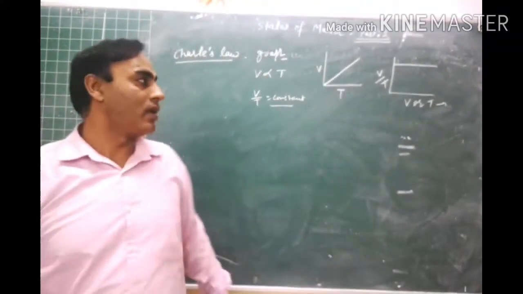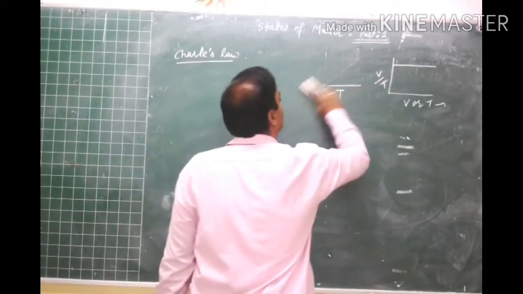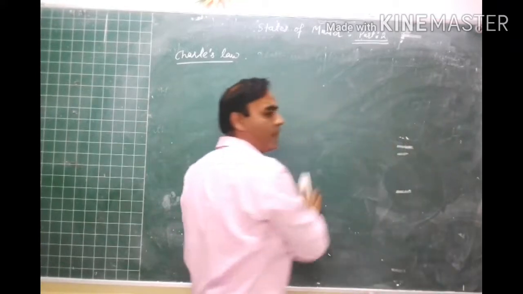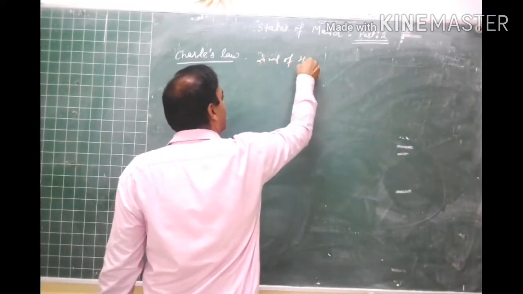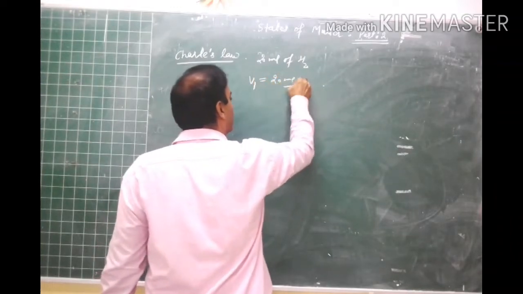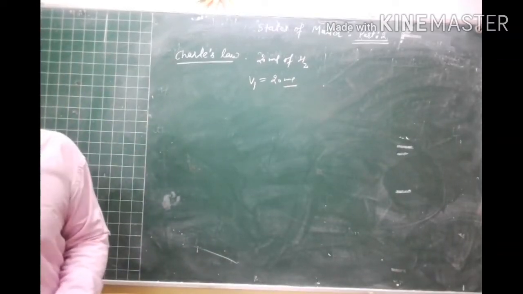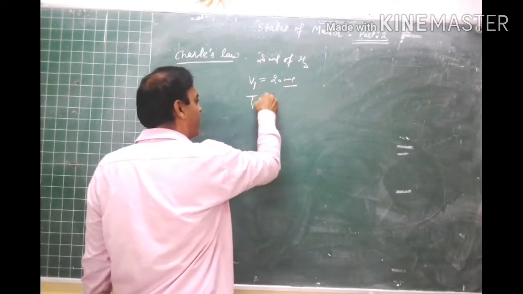Now we will discuss a numerical on the basis of Charles' law. So the numerical is: 20 ml of hydrogen. So it means the initial volume is 20 ml, measured at 15 degrees Celsius.